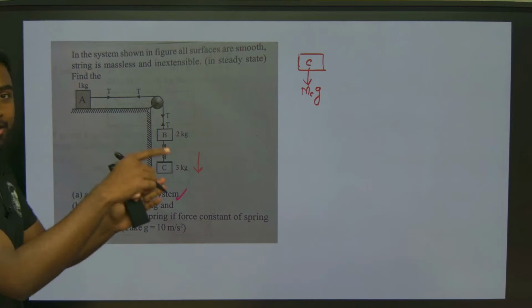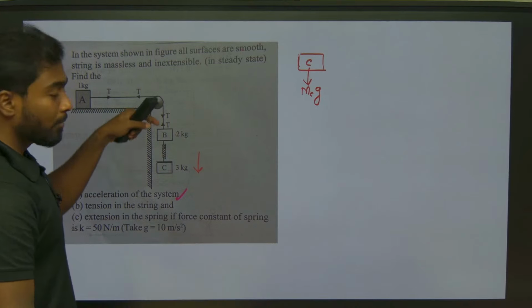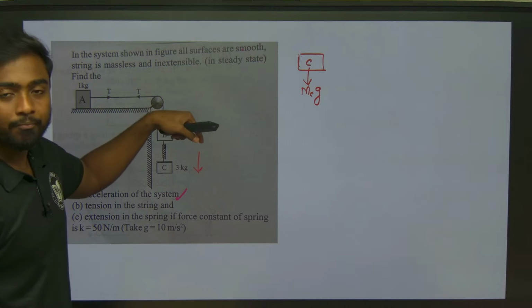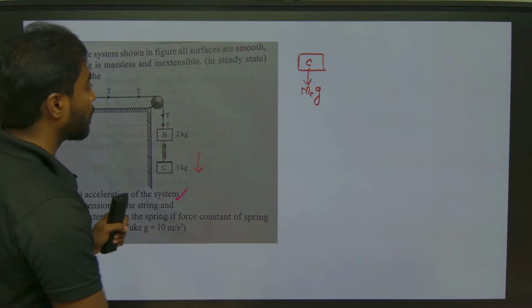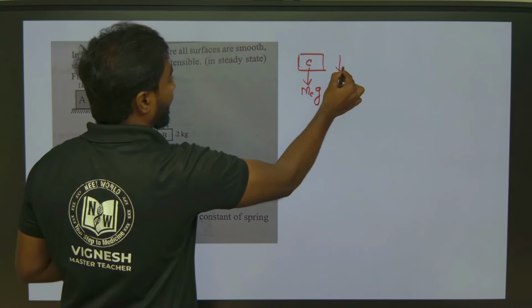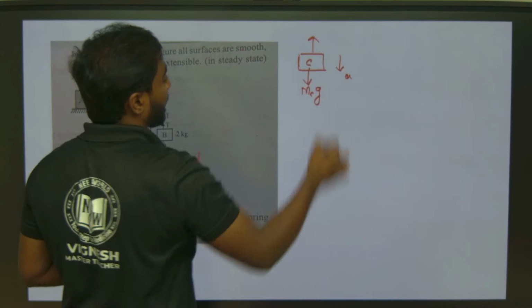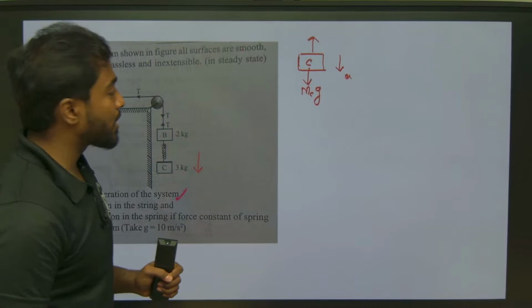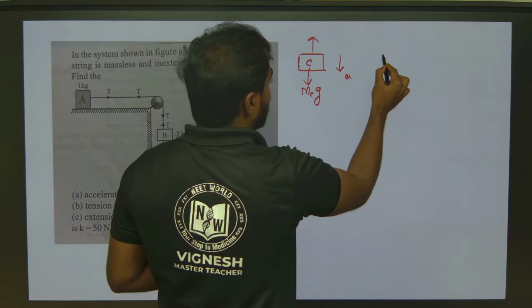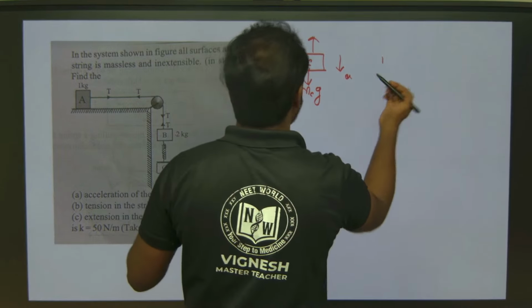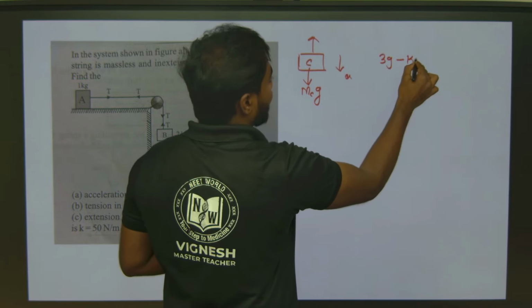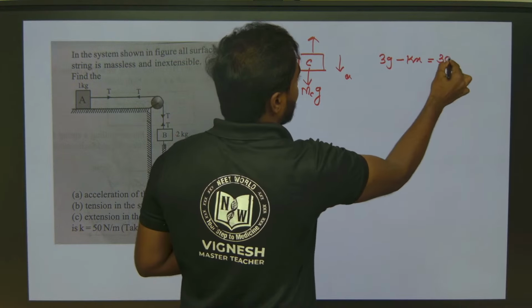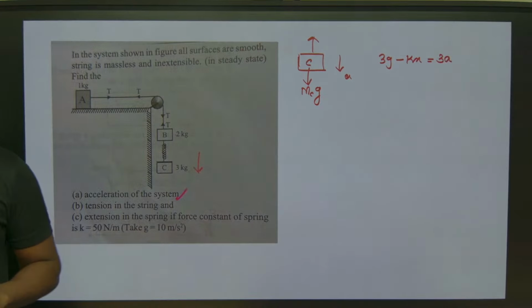In which direction will the object move? In the direction where the masses are more. So this is the direction of acceleration and the spring force. What will be the equation now? Mass is 3, so 3g minus kx equals 3a.